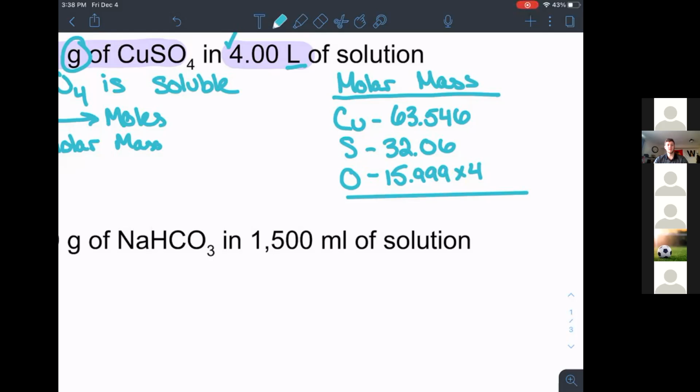Who can tell me the total molar mass? 159.602.